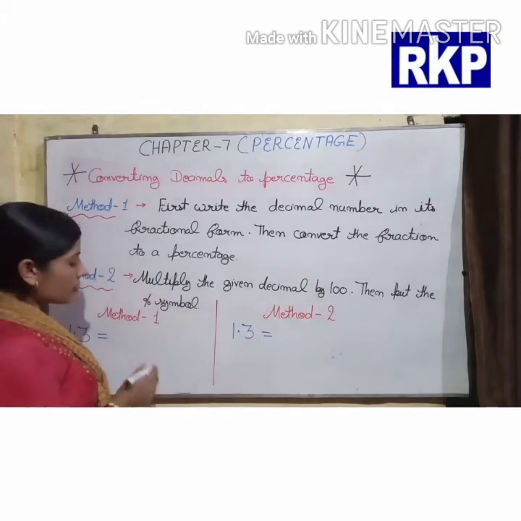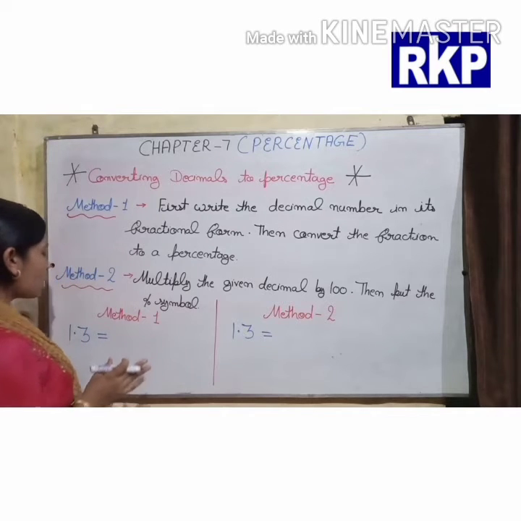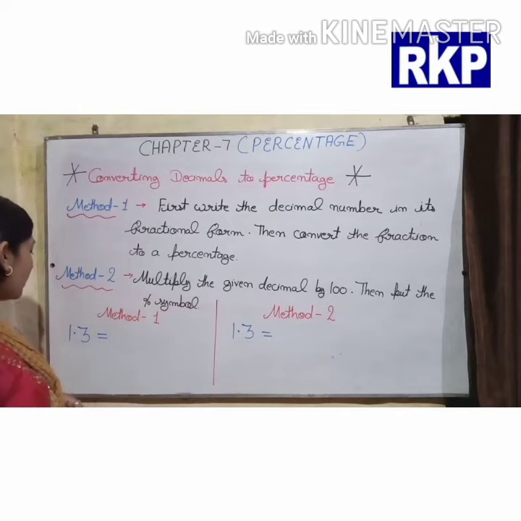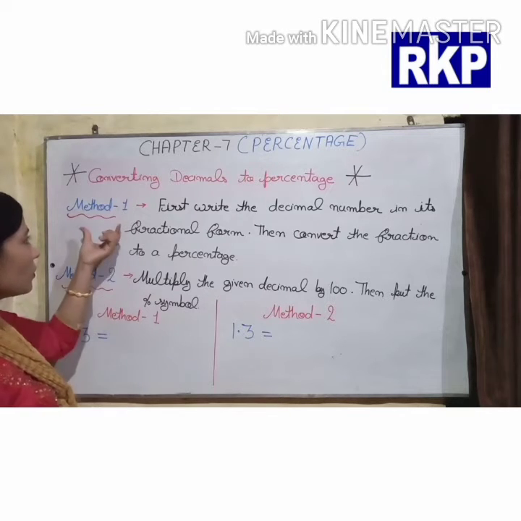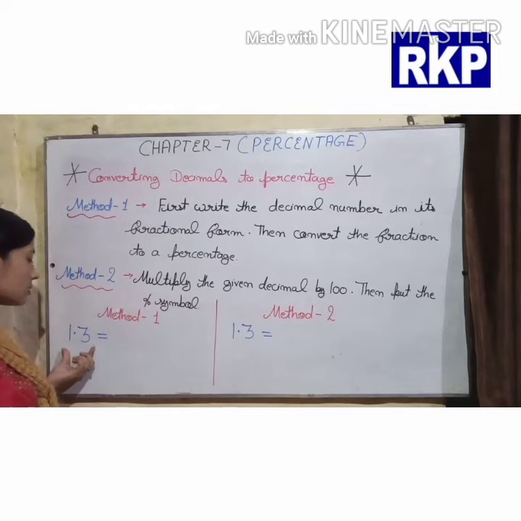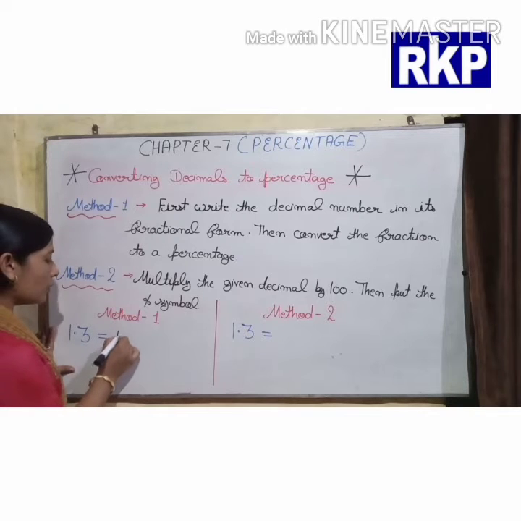Now students, let us take one more example. First of all, let us solve this by the first method. Okay, now here beta we have 1.3 and we have to convert this decimal number into percentage. Okay, so how can we convert this decimal number into percentage? According to the first method, first of all we need to convert this decimal number into a fraction. Okay, so we have to write 1 3 means 13.